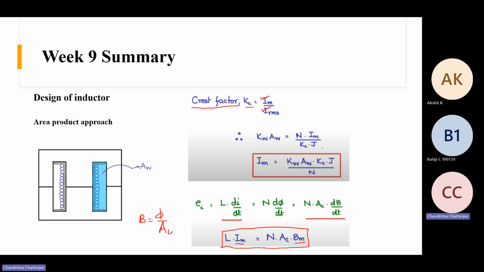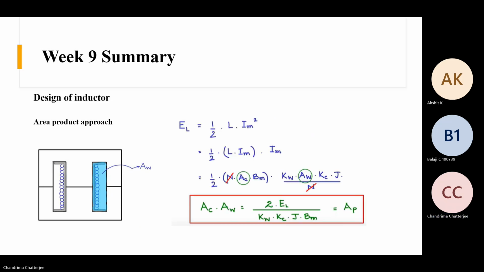These are small equations. You don't need to remember them, you just understand them, and eventually you don't have to memorize them. This is the energy stored in an inductor, half L Im square. This is the maximum energy. So the maximum energy that the inductor can store is half L Im square, where Im is the maximum current.